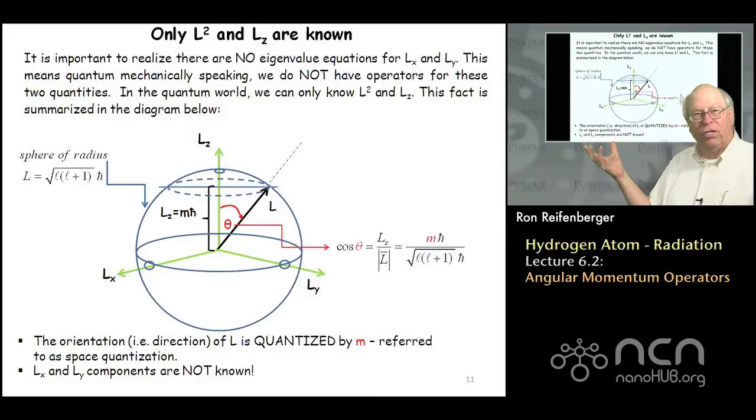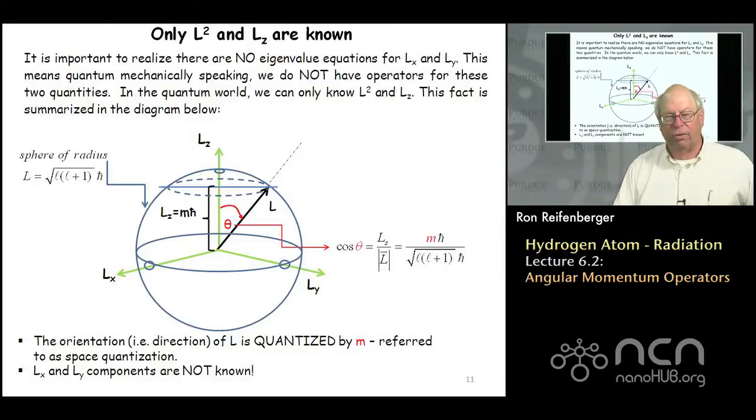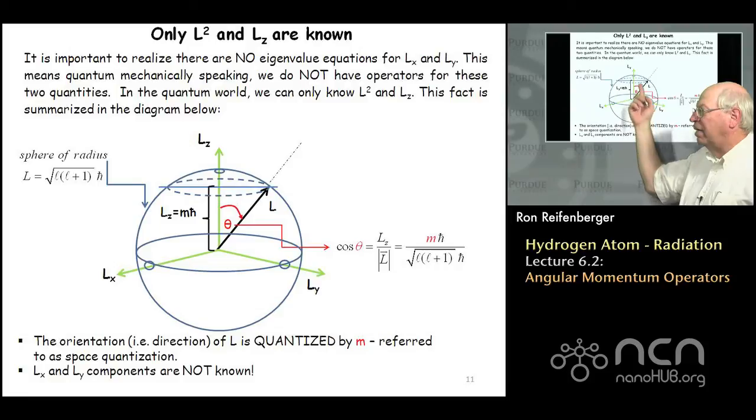What we're attempting to do here is represent the eigenvalues for the angular momentum and the eigenvalue for the angular momentum in the z direction in terms of a diagram that's somewhat easier to comprehend than all the arithmetic that we've gone through in the previous few slides. So what I've got here is a sphere. The radius of the sphere is going to be given by the size of the angular momentum of the electron in a particular quantum state.